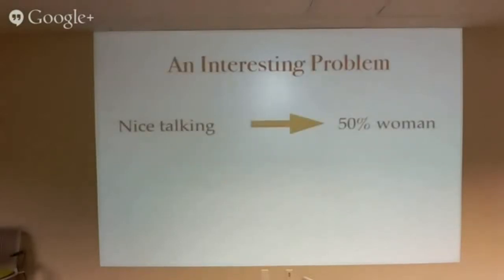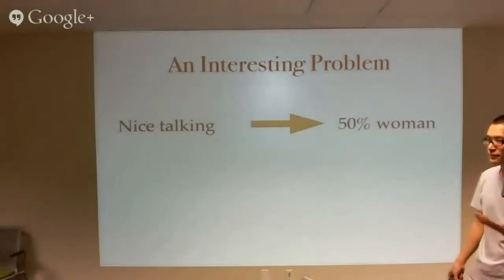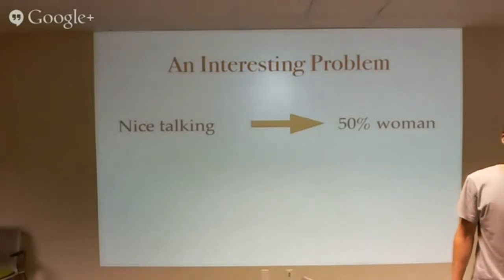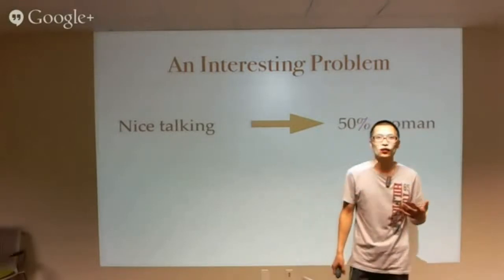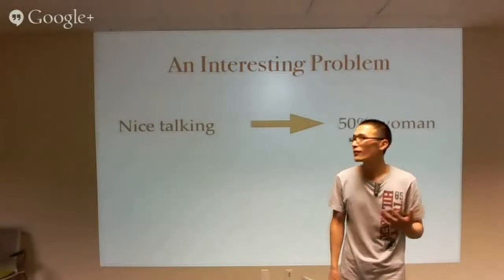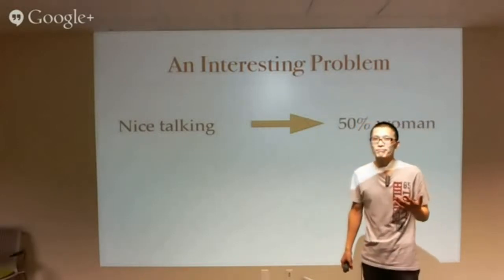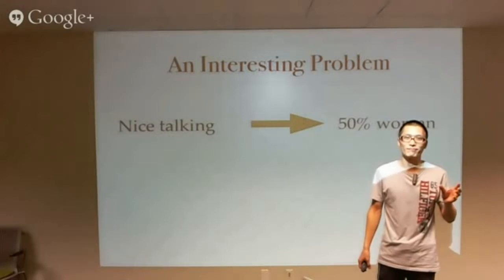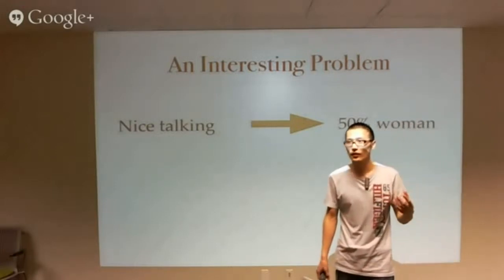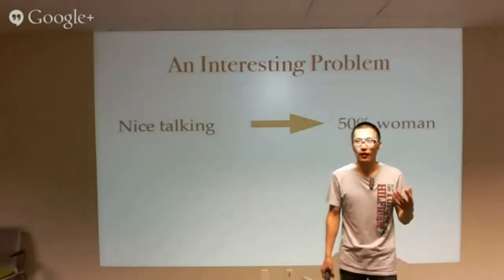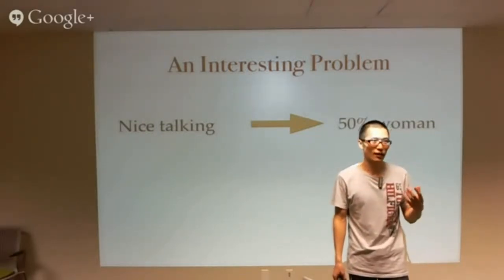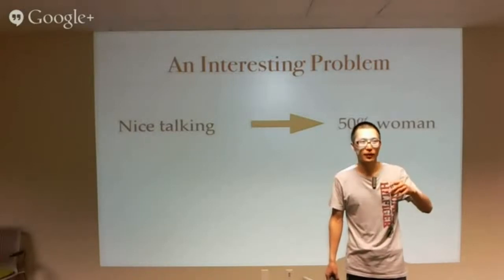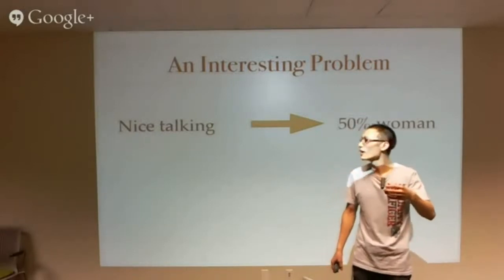If we want to talk about Bayesian analysis, first we need to talk about Bayes' rule. Here's an interesting problem. Suppose your friend told you he had a nice conversation with somebody on the train, and you need to guess the gender of the person he talked to.